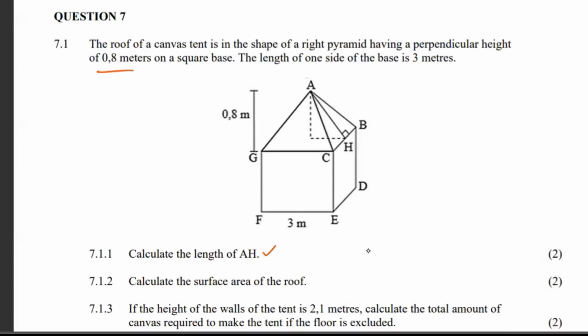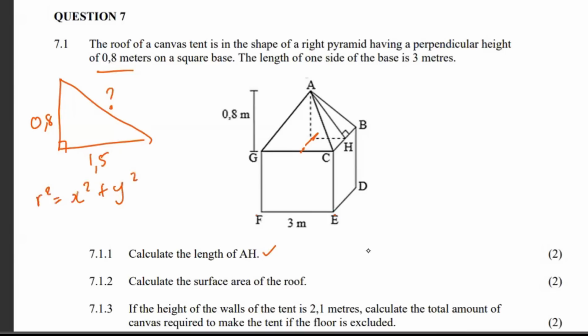So what we can see is that from this triangle of ours, let me just extrapolate it. If this is 0.8 and this is 3, but we're looking at halfway, which should be 1.5, what is that distance? We can find it using the Pythagoras theorem. So r squared is x squared plus y squared.